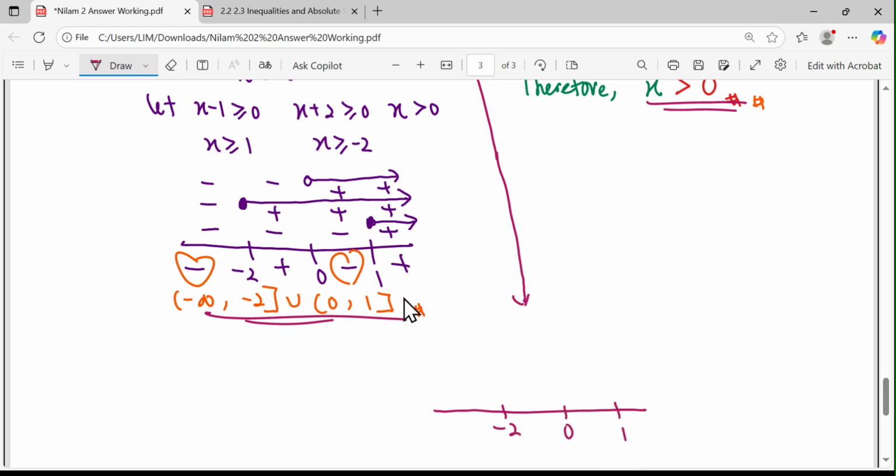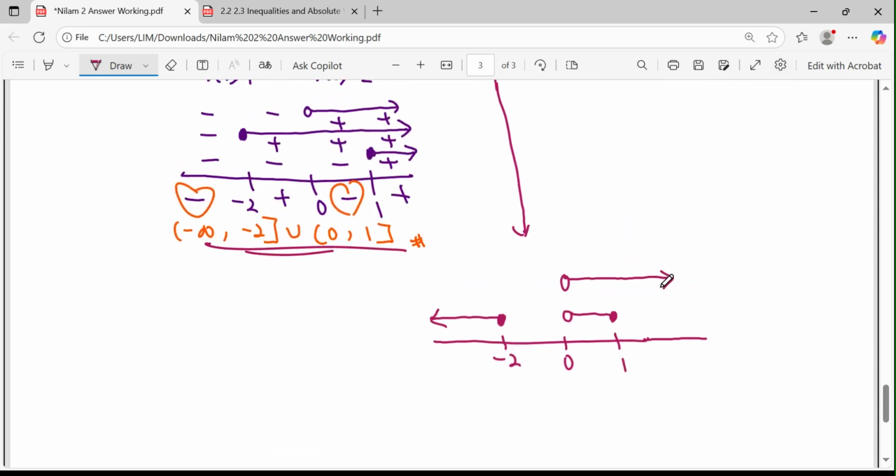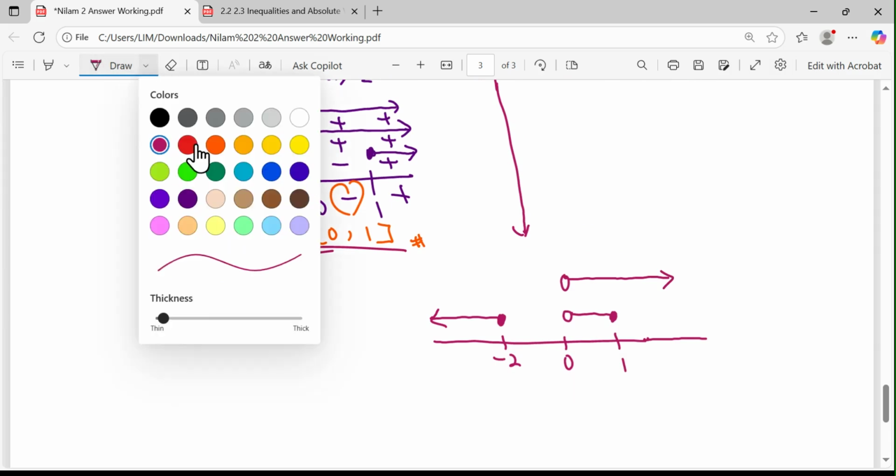From the left hand side answer, I get less than -2, and then 0 until 1 included. This is the left hand side answer. And from the right hand side answer, I get more than 0. So for the left hand side answer and right hand side answer, both answers we conclude to be one answer. Intersection happens.